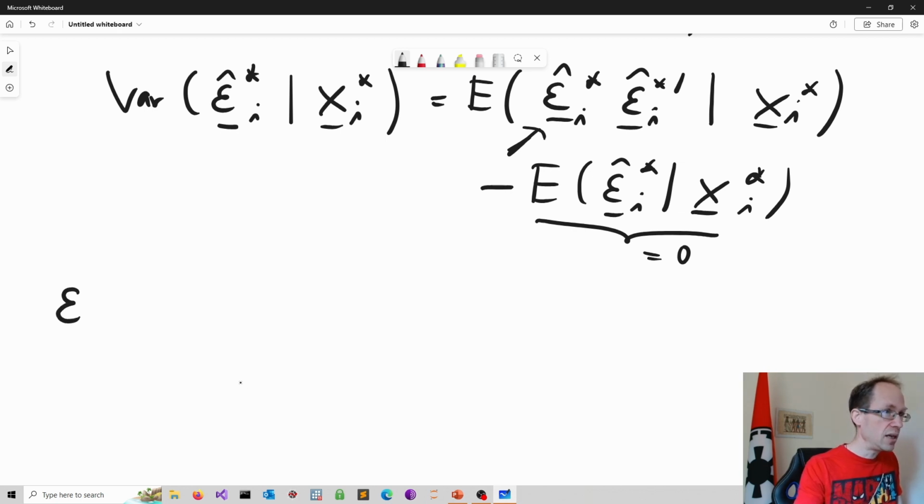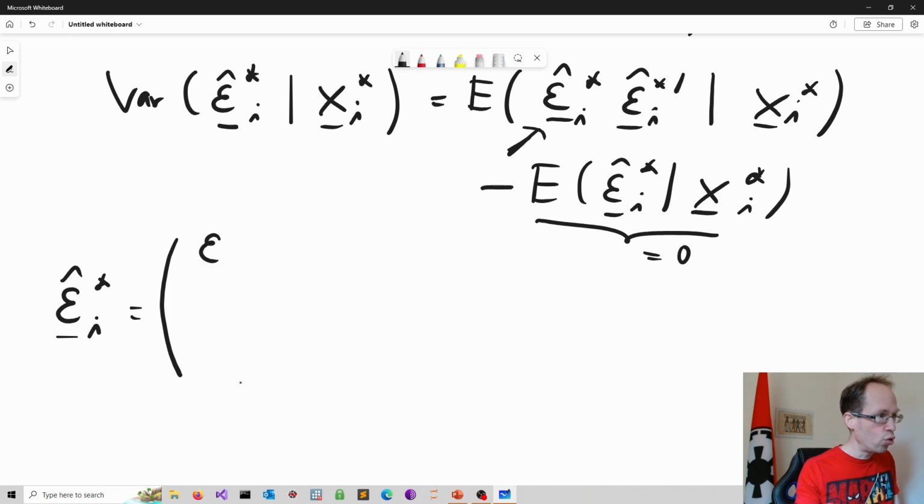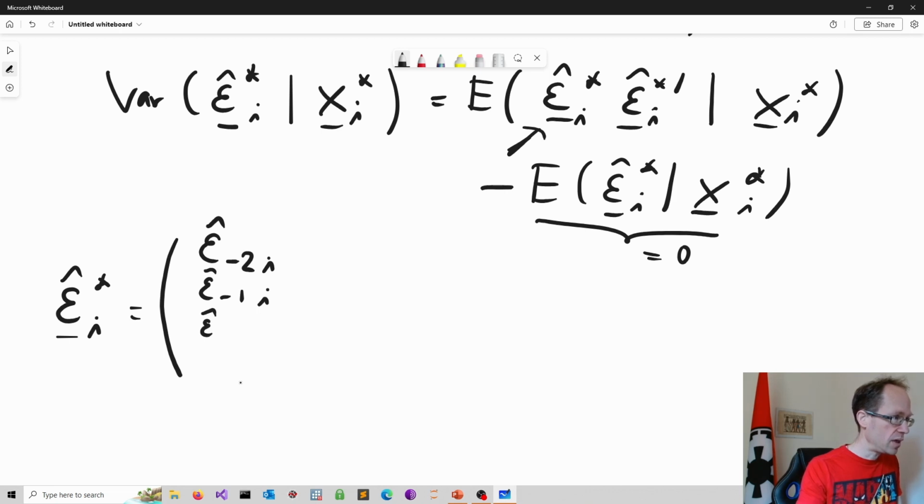The epsilon i star hat is a column vector running through my event window. For instance, it might start 2 days prior to the event, then 1 day before, then the day of the event, and so on. And it might continue for maybe another 2 days, say.